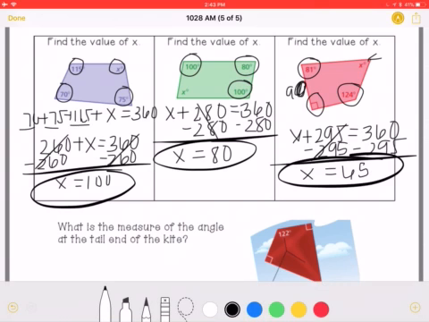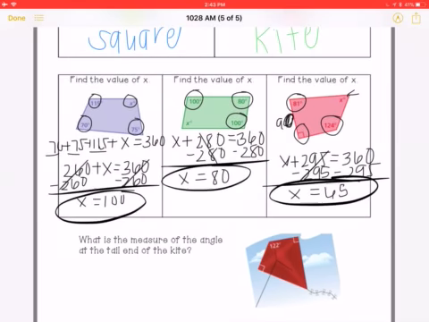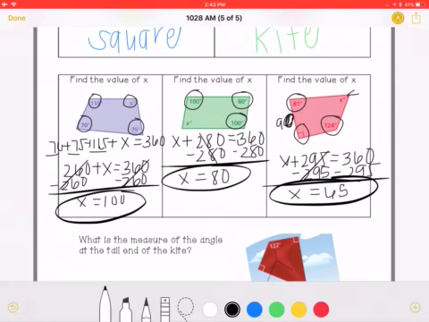All right, let's do this last example. We have this kite. What is the measure of the angle at the tail end of the kite? So I want to figure out this measure down here. That's what's missing. I have these 3 angles. We're looking for the 4th. So again, 90 plus 90 plus 122. Let's add those all together.